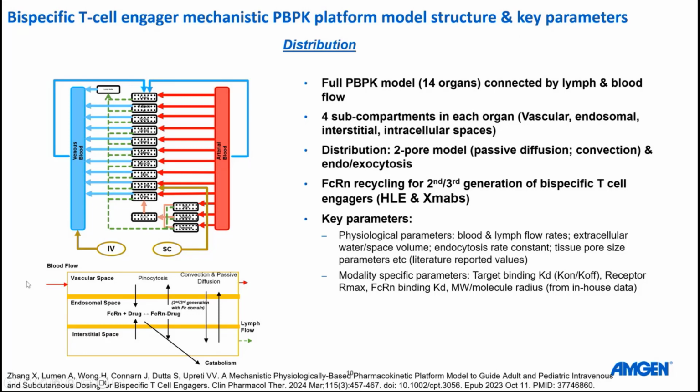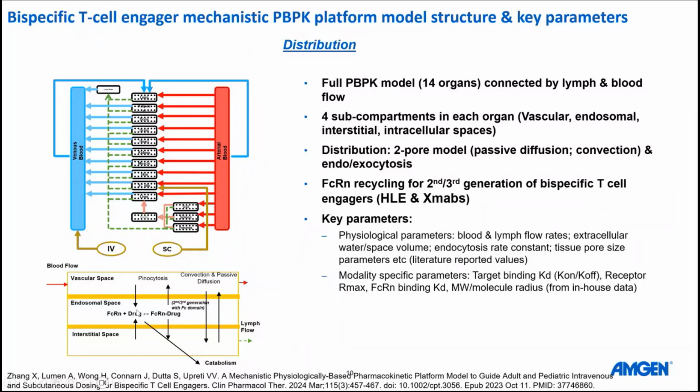So once the drug goes to the vascular space of a specific organ, it will further penetrate into the interstitial space through a 2-pore model, which assumes that there are some small pores and large pores on the capillary structure. And so the drug will pass into the interstitial space through either passive diffusion or through convection of the lymph flow.